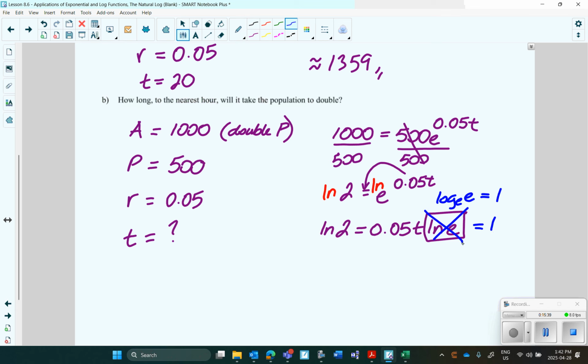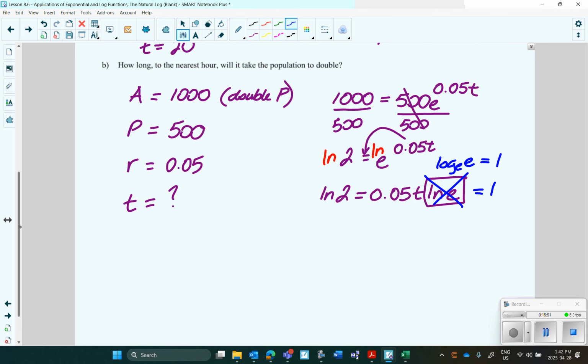Wow, this is so brutal. Well, yeah, because anything times 1 is itself. So how do I solve for t now? Divide by 0.05 on this side, divide by 0.05 on this side, and t is going to be approximately, it says nearest hour.